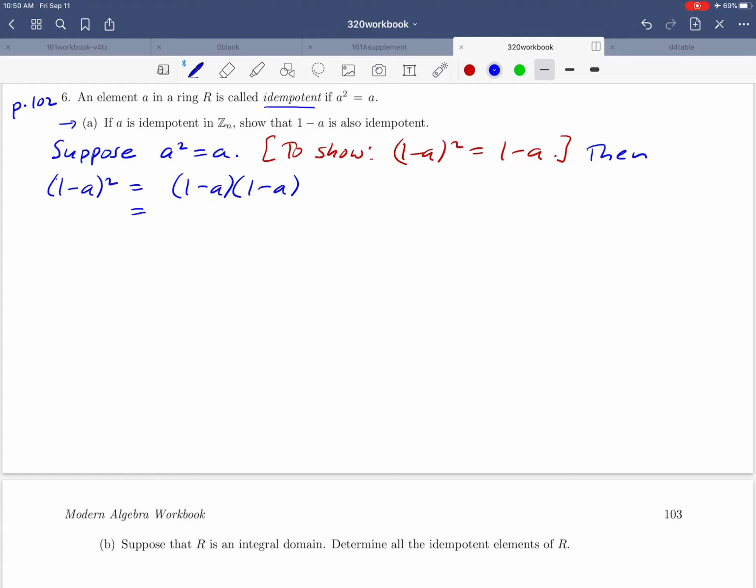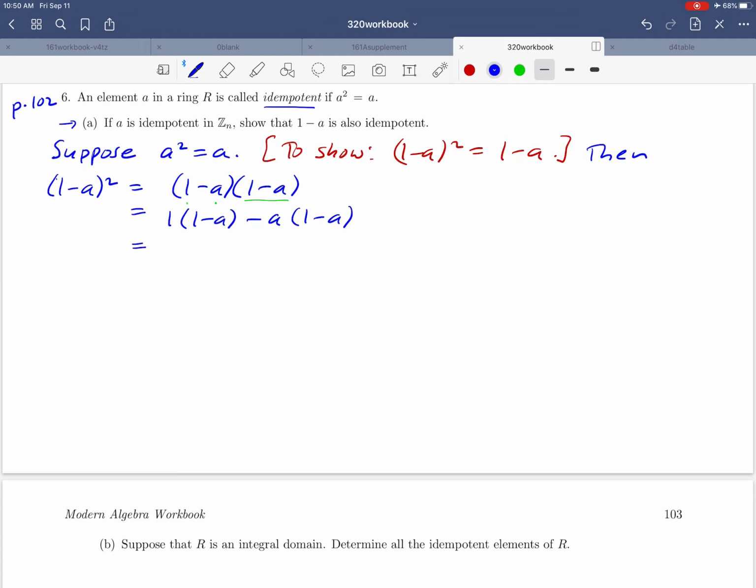If you think of this as being one element grouped together, 1 minus A, we're going to take the 1 and the A that you see over here and just distribute that through. So this can be written as 1 times (1 minus A) minus A times (1 minus A). We know that distributive properties hold in any ring.